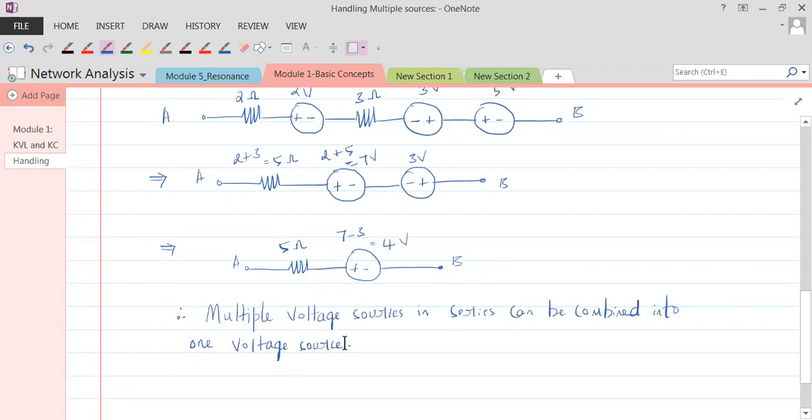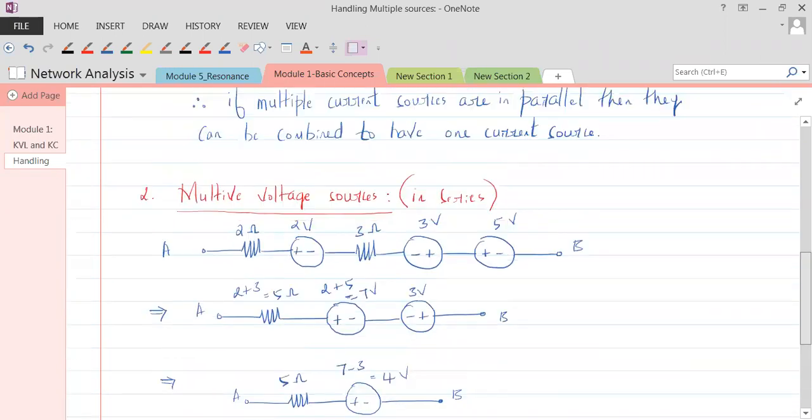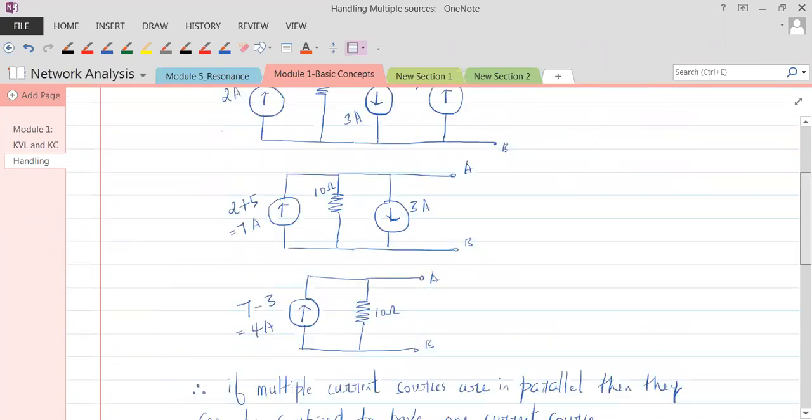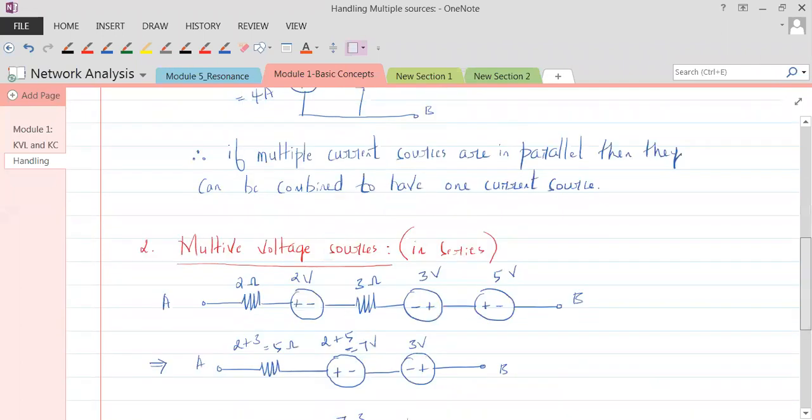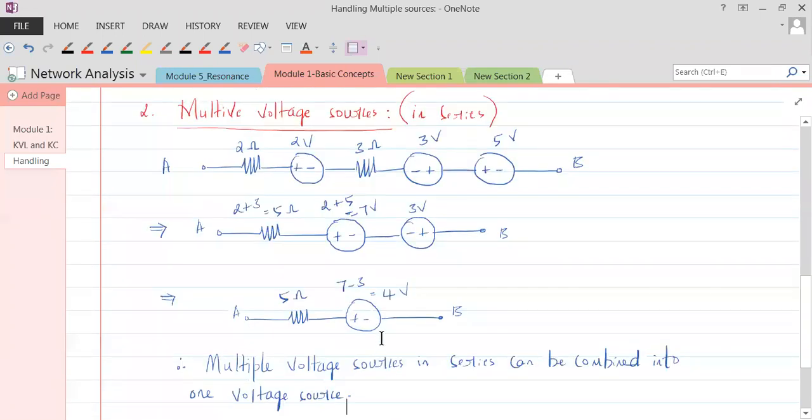So this reduction in the number of voltage and current sources can be done. When current sources are in parallel, we can reduce that into one. If the voltage sources are in series, then we can reduce them into one. Get that?